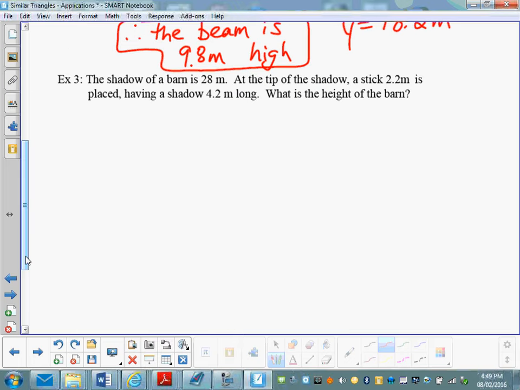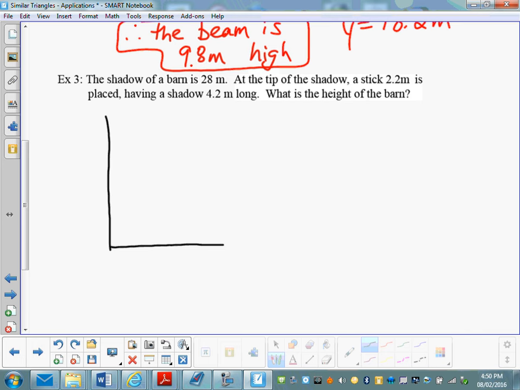Then our last example, the shadow of a barn. What's going on here? Can't get my lines. I'm going to have to just draw them on. Uh-oh, this could be an ugly picture. So I've got a barn. We'll pretend that that's straight. And here's another shadow question. So there's a shadow.